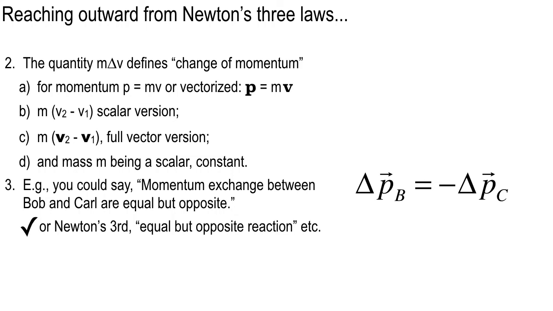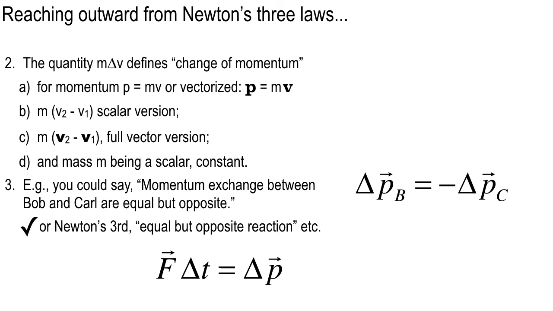Those are their exchange momenta. They're the same size, so there's an equal sign. There are no numbers in front, but there is a negative sign in front to indicate opposite direction. And so when you're talking about F delta T equals delta P, that's what you're talking about.